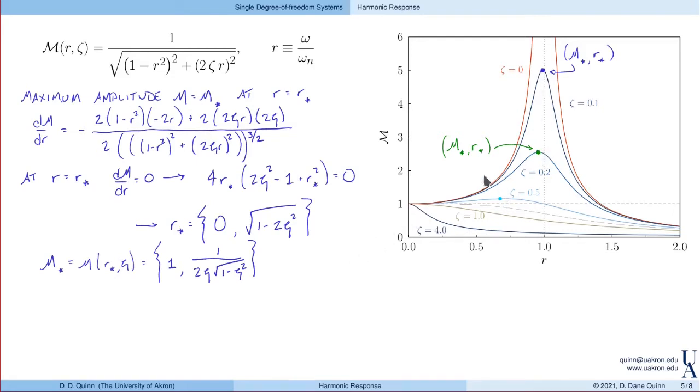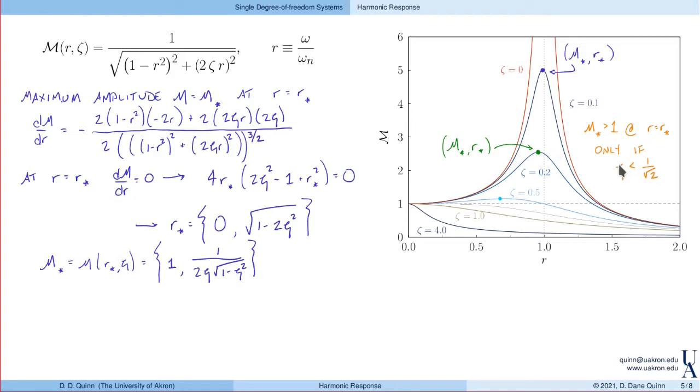So this peak, which happens for M greater than 1, only occurs if this second solution exists. So M star is greater than 1 at r equals r star only if the damping ratio is less than 1 over the square root of 2.